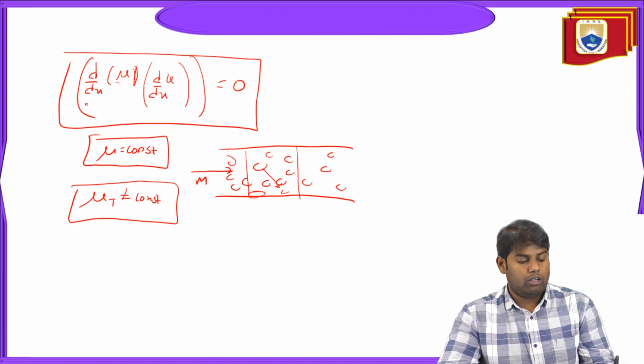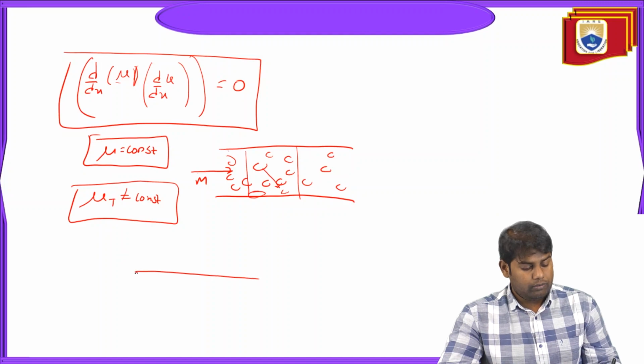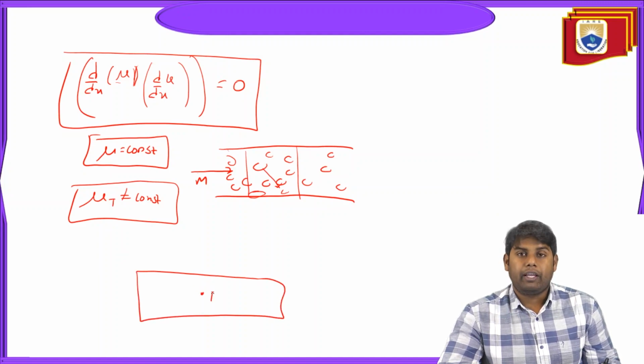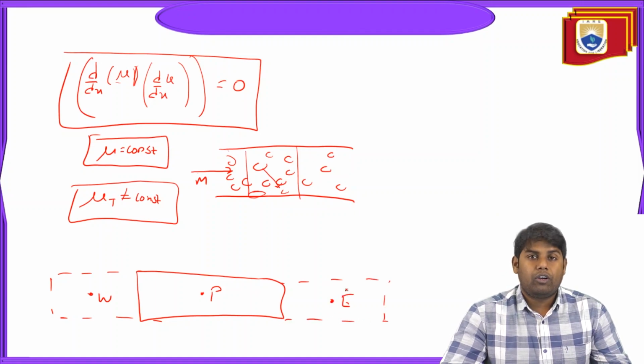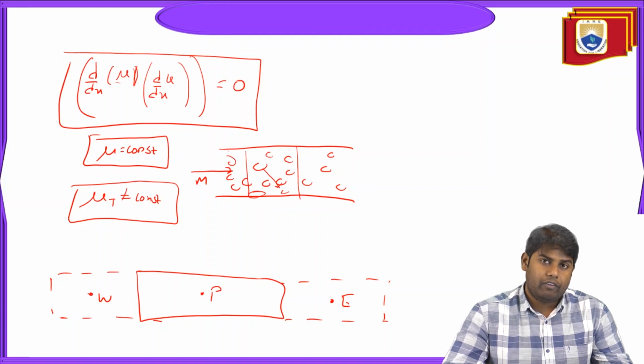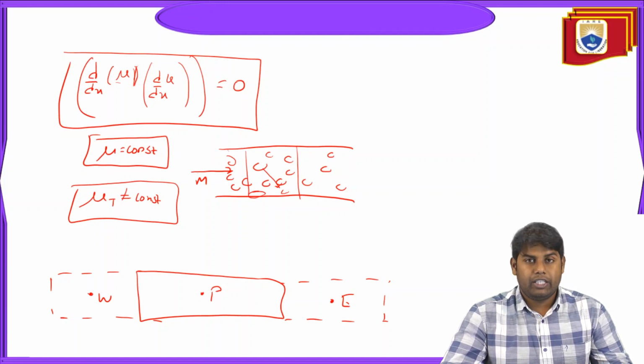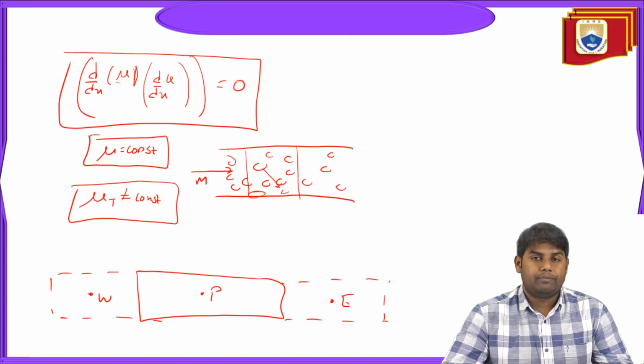Since it is 1D, we draw the point of interest P. For the point of interest P, we will draw the west node and the east node. So we will actually get the values of velocity, u velocity, at P, at W, at E.